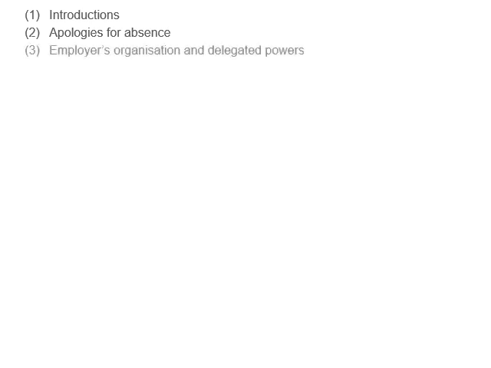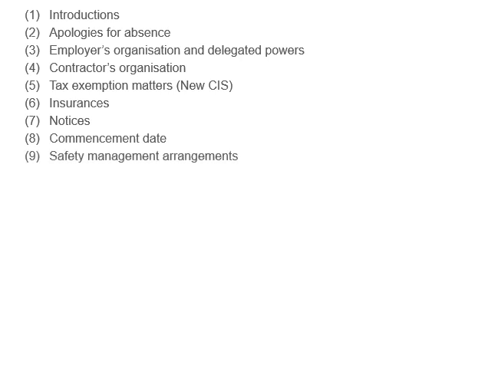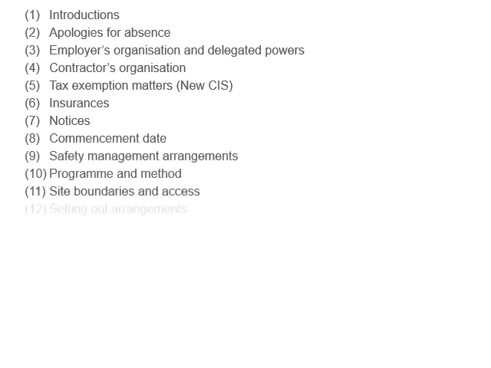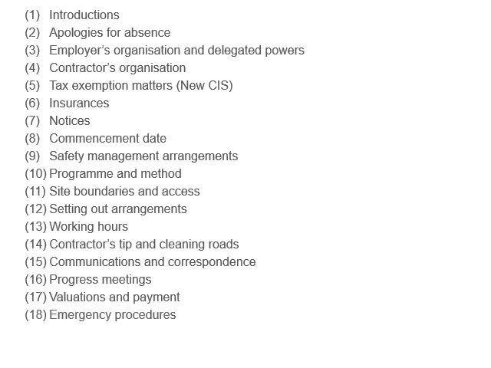This is typical of the items that one would encounter on a project like this: tax exemptions, insurances, notices, commencements, safety management arrangements, programs and methods, site boundaries and access, setting out arrangements, working hours, contracts, tip and cleaning roads, communication and correspondence, progress meetings, valuations and payments, emergency procedures, and any other business, date of the next meeting. Okay, so basic administrative stuff.